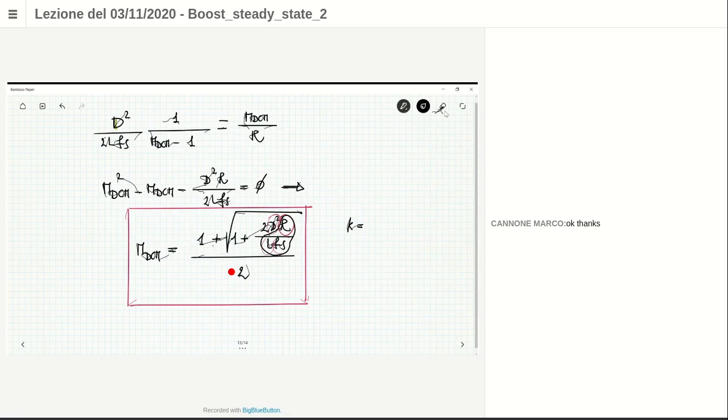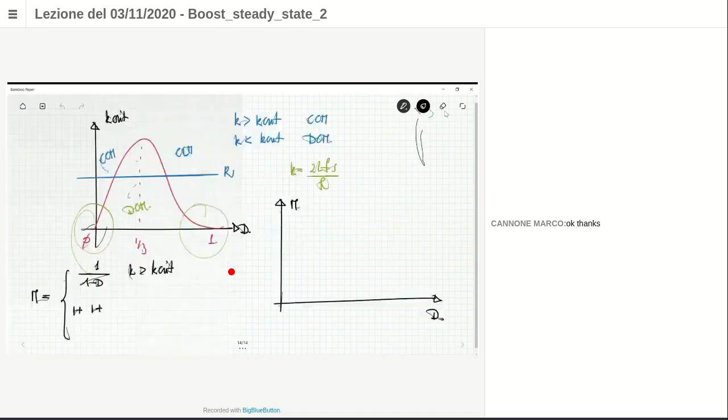Remember that K is defined as QLFS over R. So that expression is simply 1 plus square root of 1 plus 4 D squared over K, when you operate in DCM, K less than K critical. So which is the expression of M versus D?